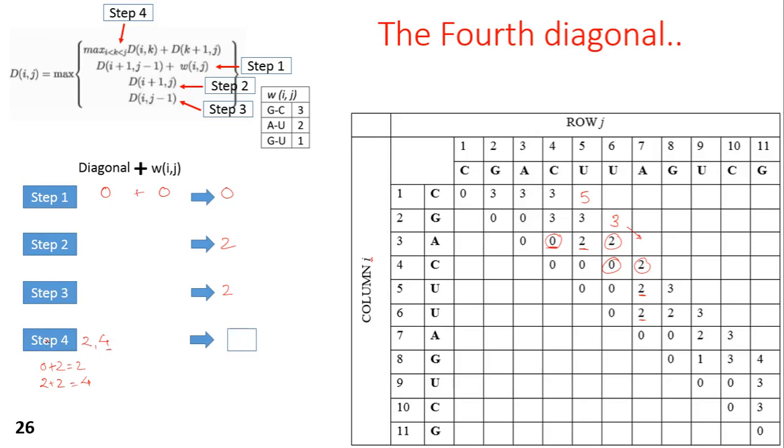Therefore the value for step 4 would be 4. Now what is the maximum of these 4 steps? 4. Therefore we would place this 4 over here. Okay, so in this way you populate the entire fourth diagonal.